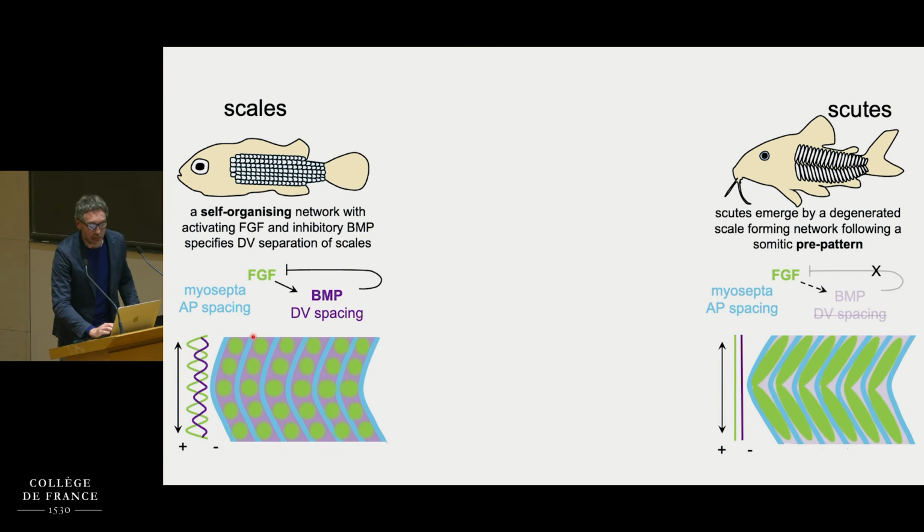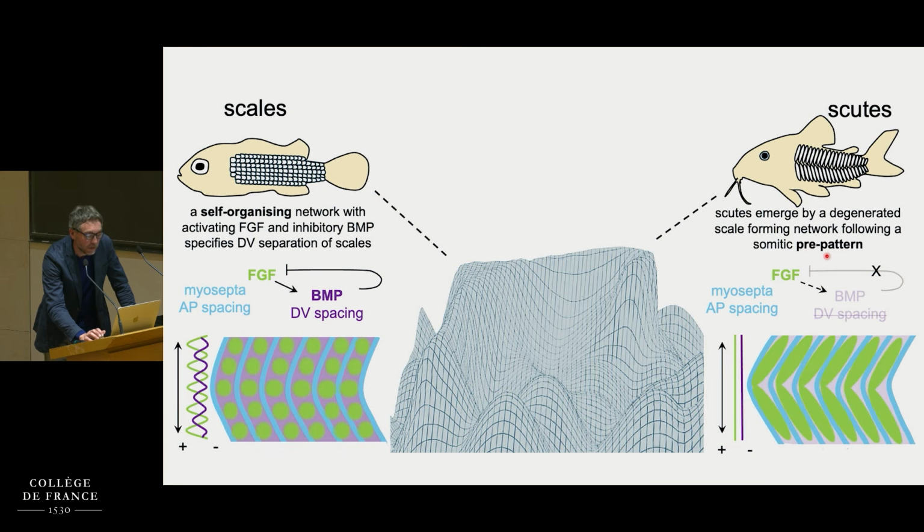Now, what seems to happen in those catfish is that the scutes adhere to this somatic pre-pattern, and there's no dorsal-ventral spacing anymore because this loop has broken down and they entirely rely on a more simple pre-pattern. So if we look at the trajectory of how we go from scales to scutes, we came up with this metaphor of the adaptive landscape.